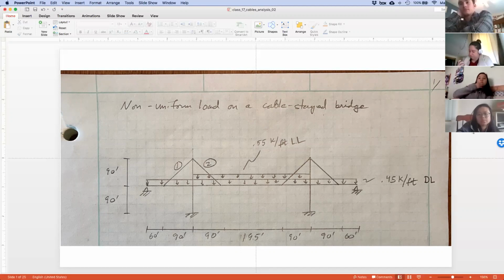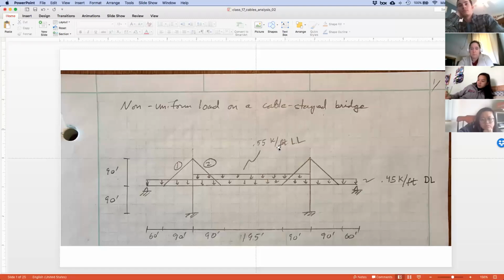Okay, good. Dr. Peterman took you through the basics of cable-stayed bridge analysis on Monday and analyzed a relatively simple but reasonably scaled cable-stayed bridge with uniform load applied to it.